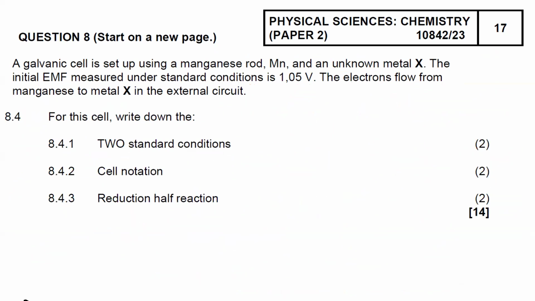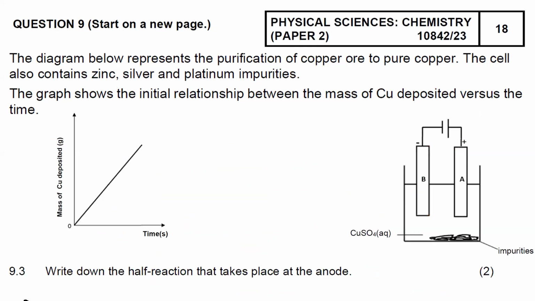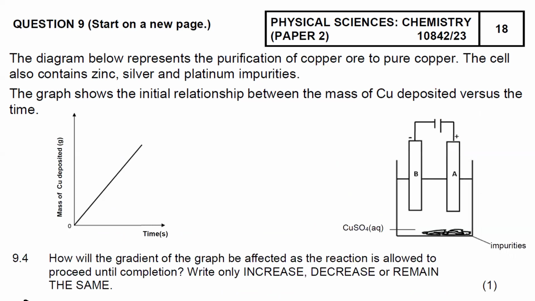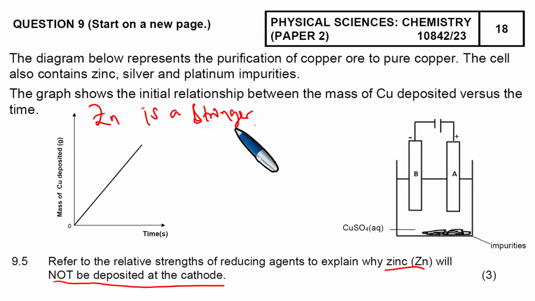This is it. So that is the answer you need to put down from the table of reduction potentials. You need to then say that according to the table of reduction potentials in 9.5, zinc is a stronger reducing agent than copper.